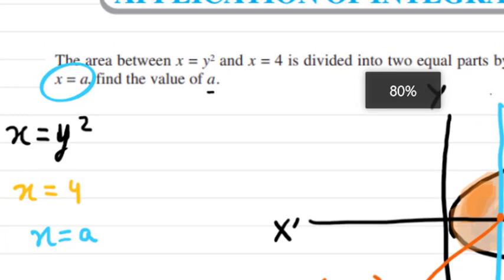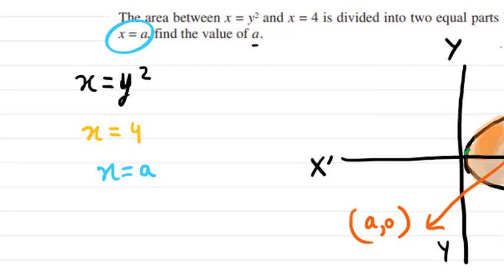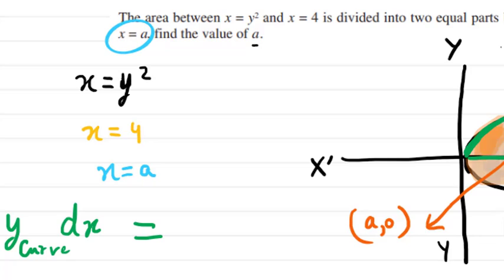So what we will do here, first we are going to find the area of the first part, that is this part. What we can write here is y of the curve, that is the parabola, into dx. I'm just doing it in the first quadrant, because double of that will give you the whole area.